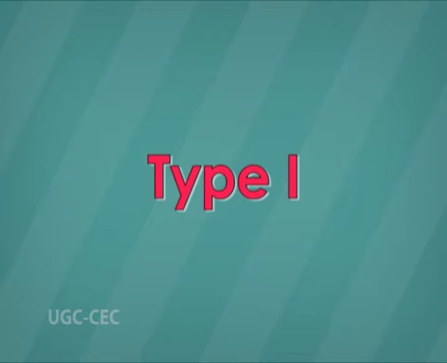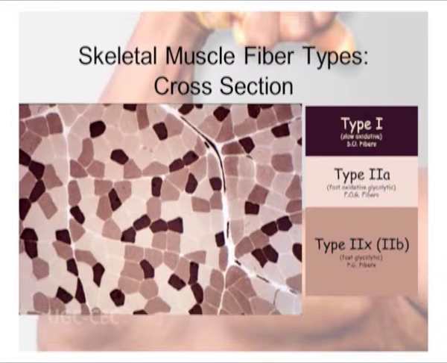Type 1. Type 1 fibers are also known as slow twitch fibers. They are red in color due to the presence of large volumes of myoglobin, so that the oxygen carrying capacity of the muscle is very high. For production of ATP, high numbers of mitochondria are present.